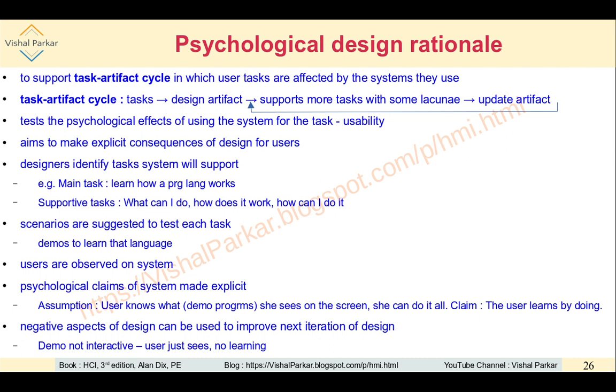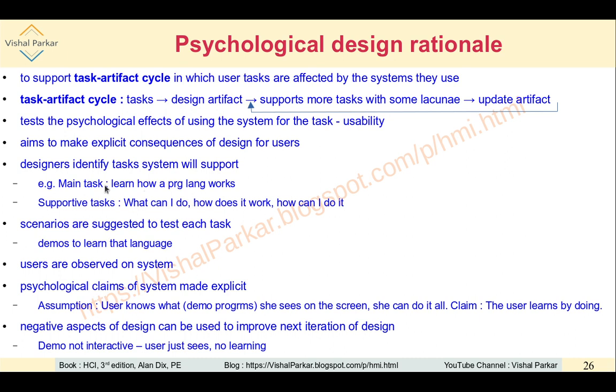Essentially, it aims to make explicit the consequences of design for users. What will be the effect of changing the design for the users? That will be made explicit. Now designers identify tasks the system will support. For example, let us take the example of learning a new programming language.